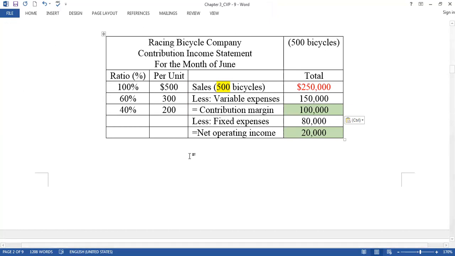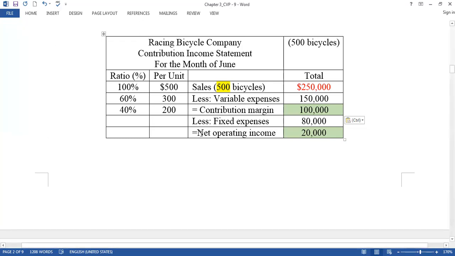So this calculation is very, very important, because in your exam question, sometimes you need to get this missing number. So up to here, it is very important to know how to calculate contribution margin, profit, per unit sales, per unit variable cost, and per unit CM.